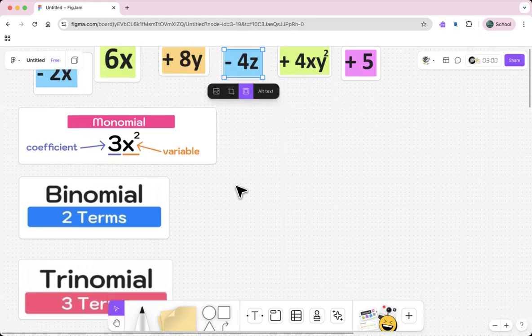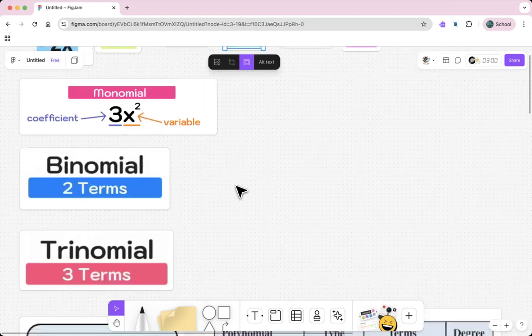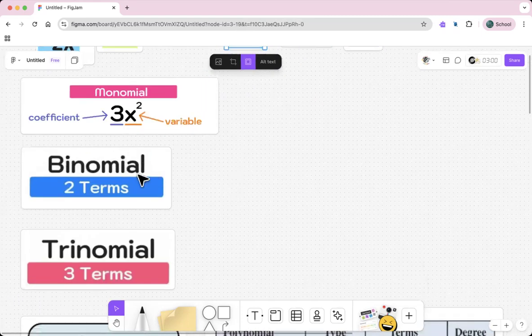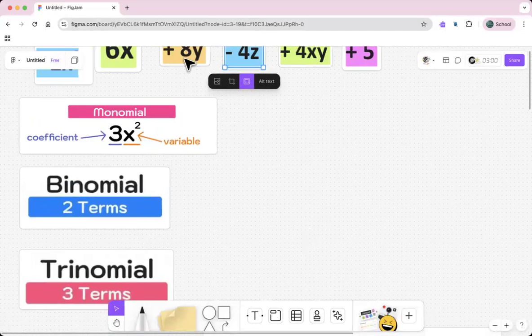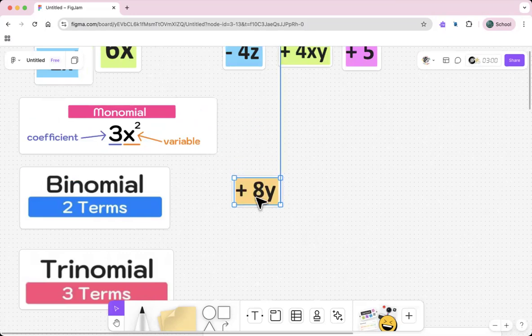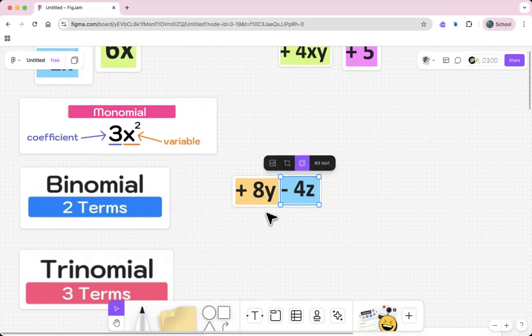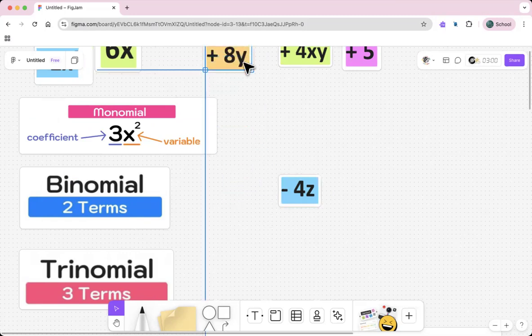However, if I put two of these monomials together, we would get a binomial. So binomial means two terms. So for example, the expression positive 8y and negative 4z together, because the two terms are separated by this negative sign, that would be an example of a binomial, positive 8y minus 4z.